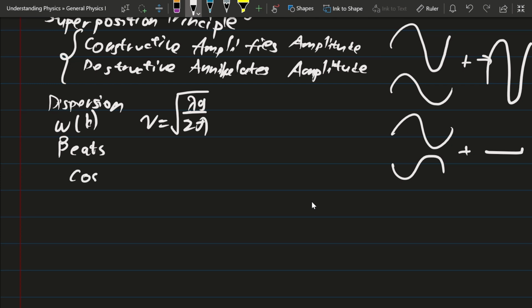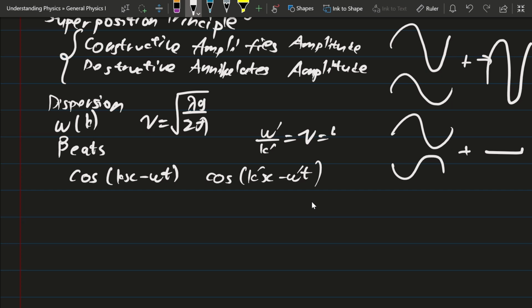Let's just state that I have cosine of kx minus omega t and cosine of k prime x minus omega prime t. I want to note that omega prime over k prime would be equal to v, the same thing as omega over k. And then you add them both up. They will have the same amplitudes.